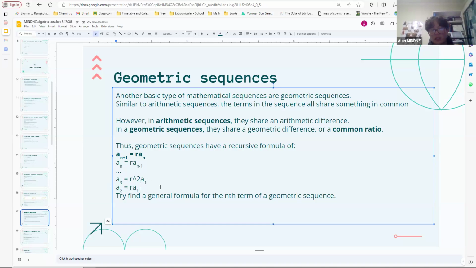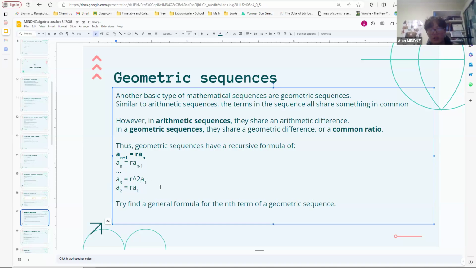And then we can keep doing this until we get the ultimate equation, which is a_n equals r to the n minus 1 times a_1. So this is the general formula for the nth term of a geometric sequence.